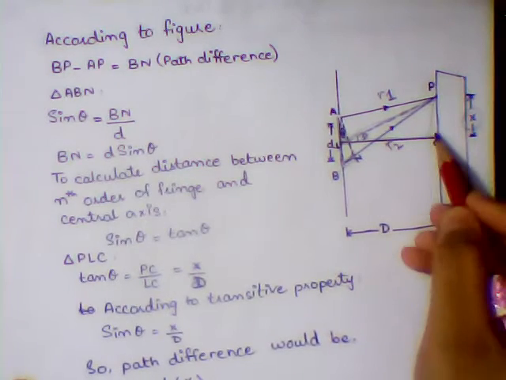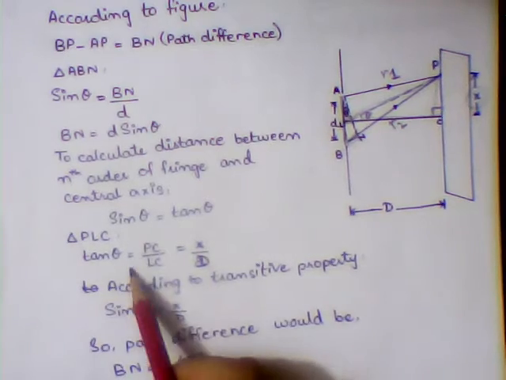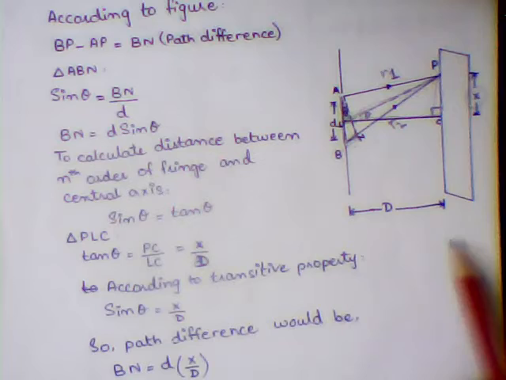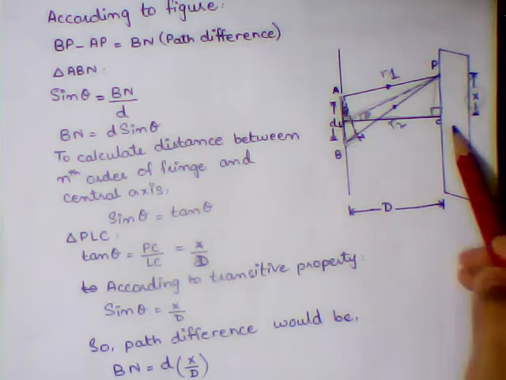From this right triangle, this is our 90-degree angle. Tan theta is equal to perpendicular upon base, so tan theta is equal to PC upon LC.